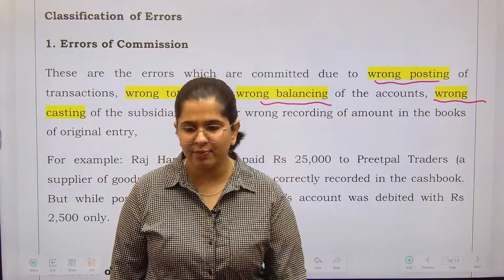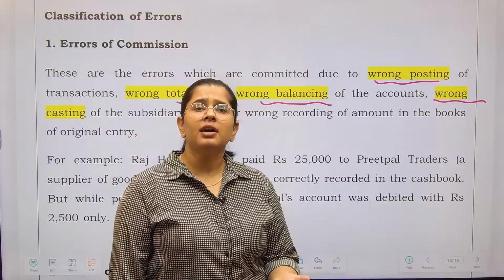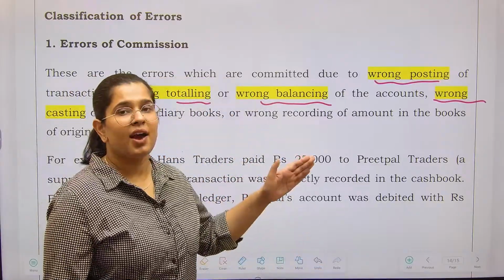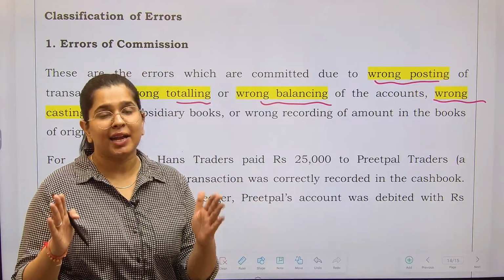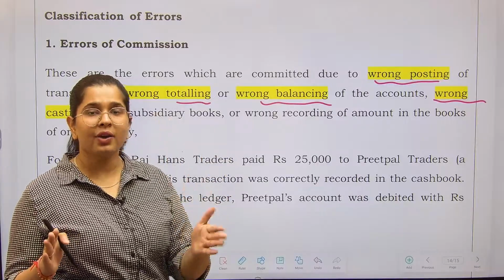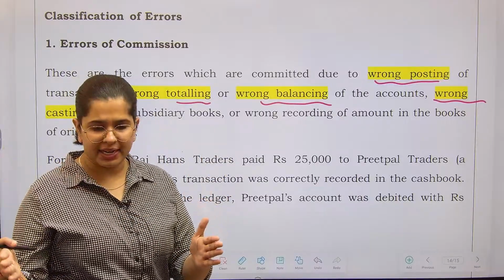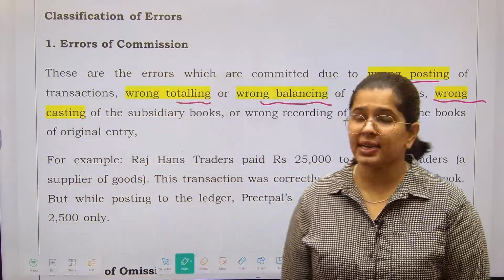So these are the four types of errors, basically three types. The compensating error is just these errors but with the compensation of twin entries. That means errors are these three only, but one wrong entry is being compensated by another wrong entry, and that is called the compensating error.